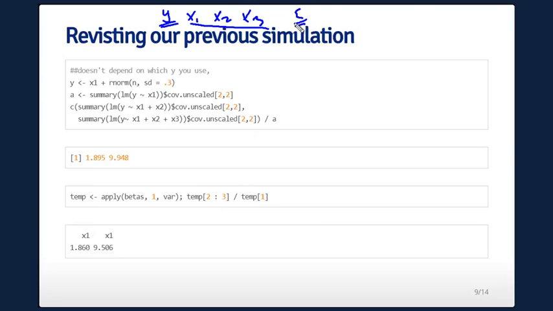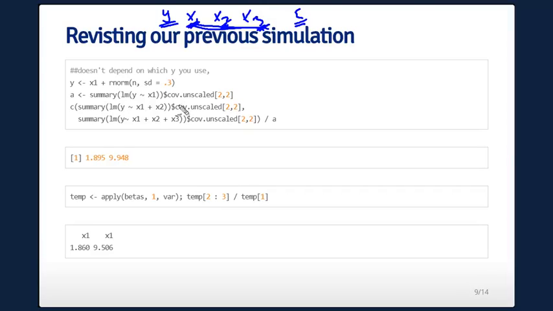It only depends on x1, x2, and x3. So you can calculate this for any given problem. Say we're interested in variable x1, and what's the consequence to the true standard error for including x2 versus including x3, expressed as a ratio of the standard errors.